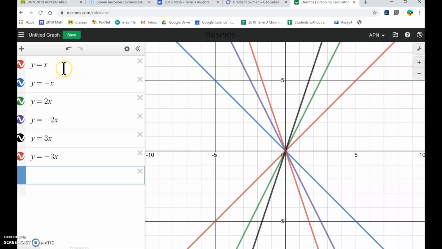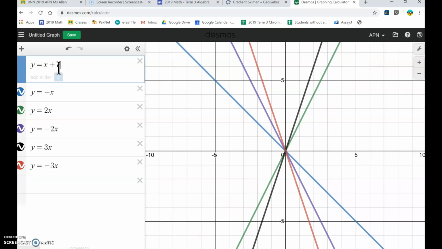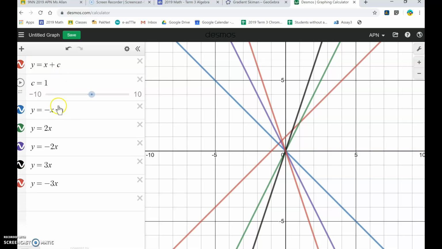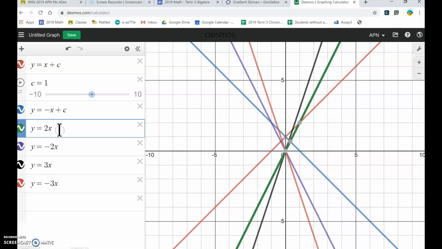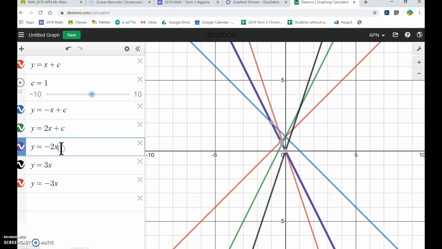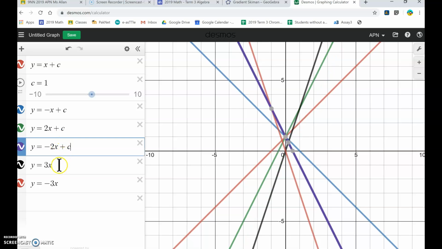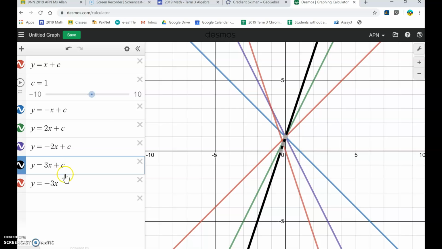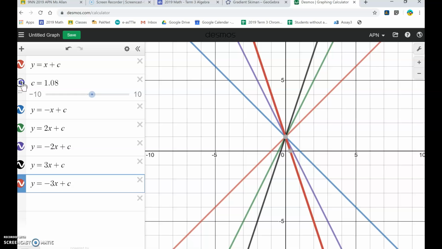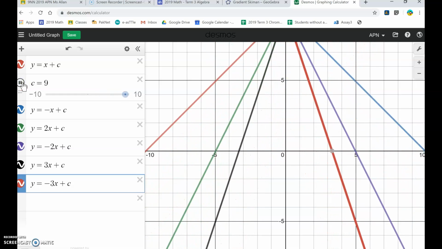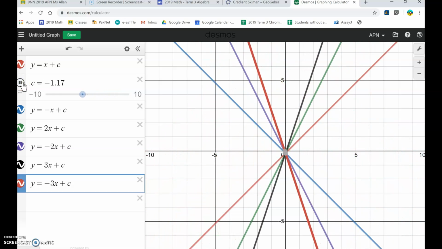Now if I wanted to, I could put plus c and add a slider for c. So for all of these, I'm going to go plus c. So c is my y-intercept. Notice they're all moving upwards. Now I can push play on my c. So you can see that those gradients are staying the same, but the y-intercept is changing.